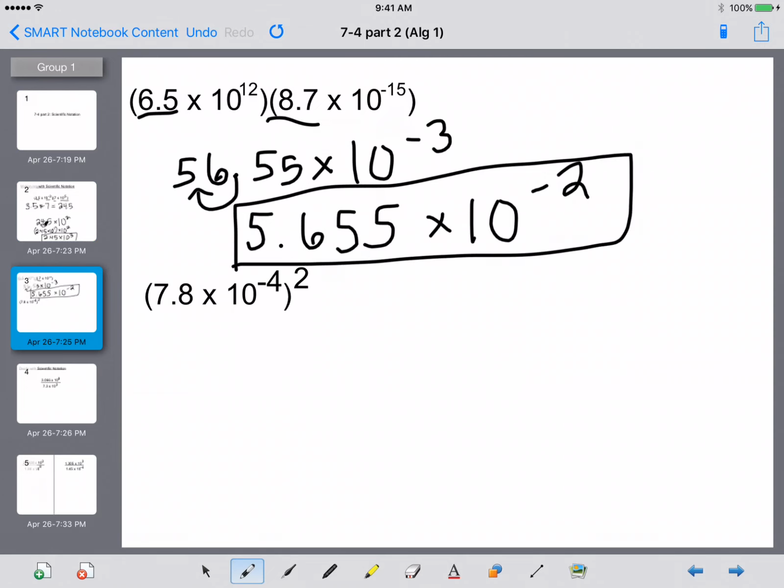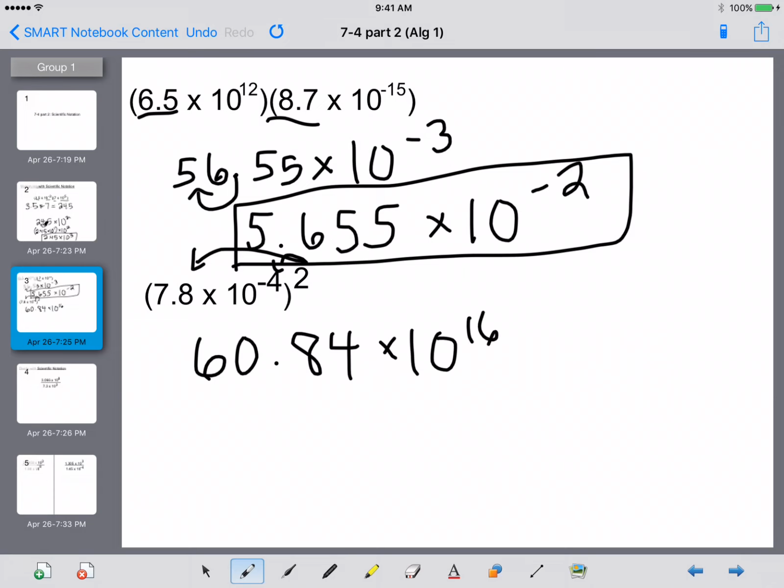Down here, we have a power. So what you do is bring it to everything else. 7.8 squared is 60.84. We'll keep our times 10. And negative 4 times negative 4 squared is 16. We need to move our decimal point over 1 to make a bigger number.